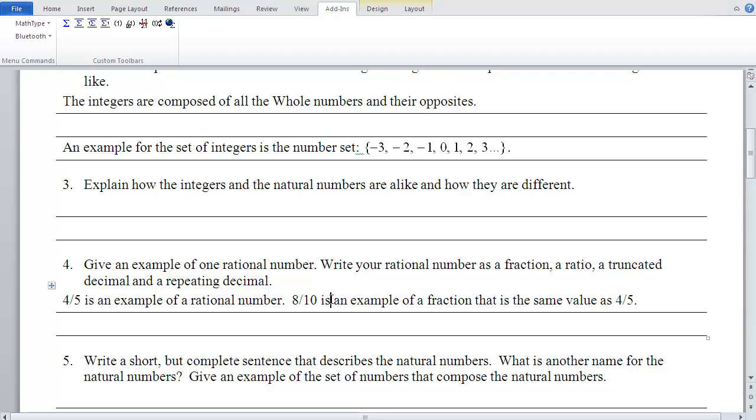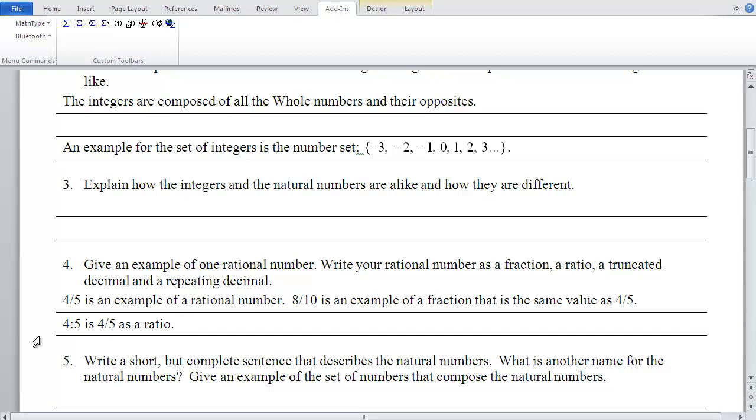So let's write this as a ratio. Okay, let's go down here to the next line. So how would you write 4/5 as a ratio? You'd go 4 colon 5 is 4 divided by 5 as a ratio. And then we want to write it as a truncated decimal.